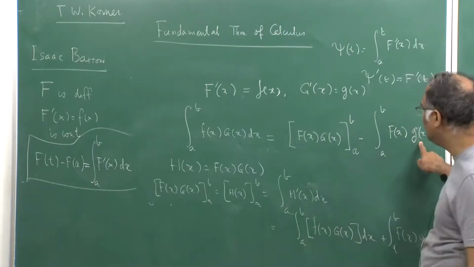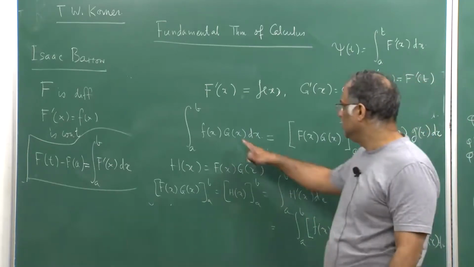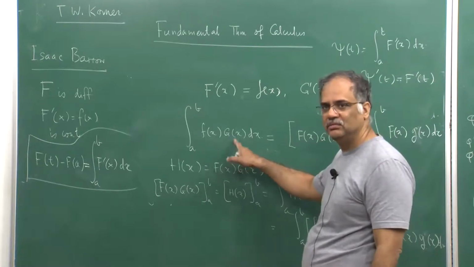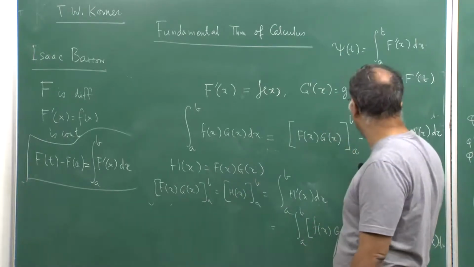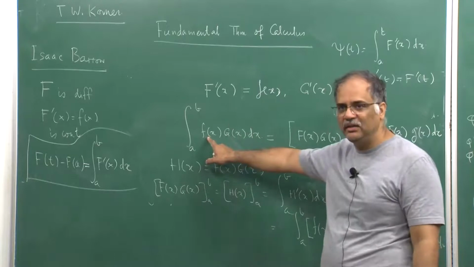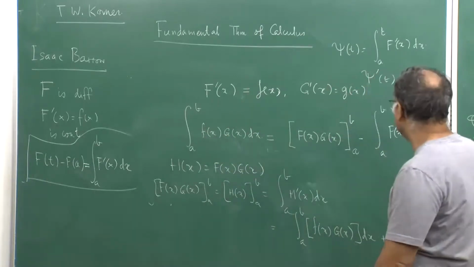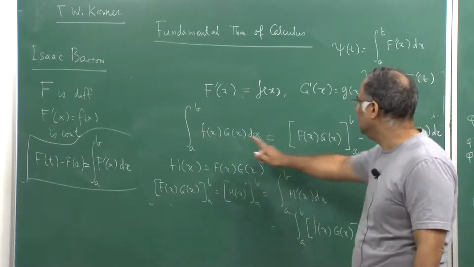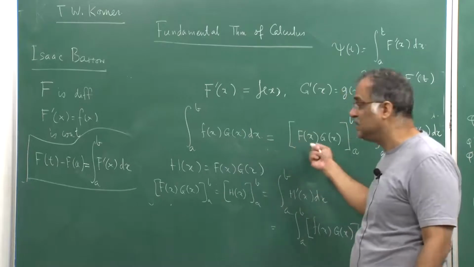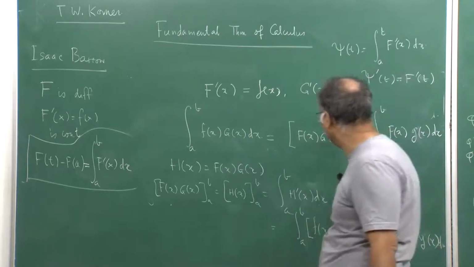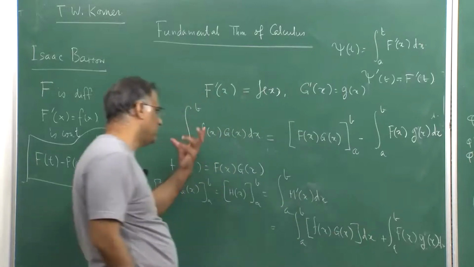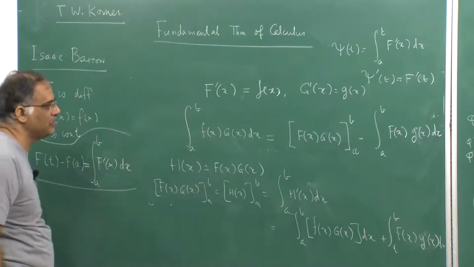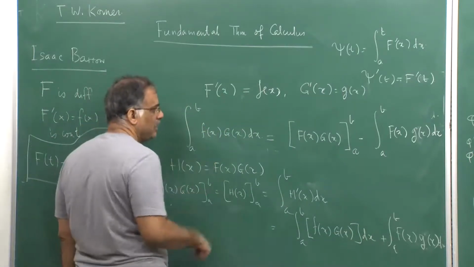Here the derivative of the second function is g(x), and the integral or antiderivative of the first function is F(x). The antiderivative is another name for the indefinite integral.